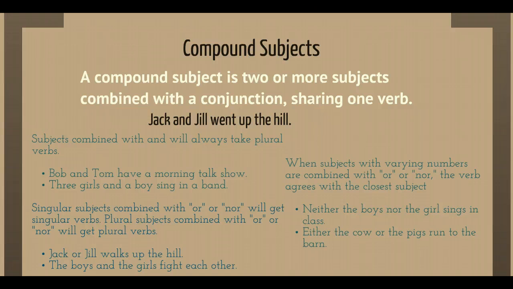So notice the verb is agreeing with the singular girl and not the plural boys. Same thing in our second example. Either the cow or the pigs run to the barn. But they're not running at the same time. And so because pigs are closest, my verb has to agree with the plural pigs, not the singular cow.